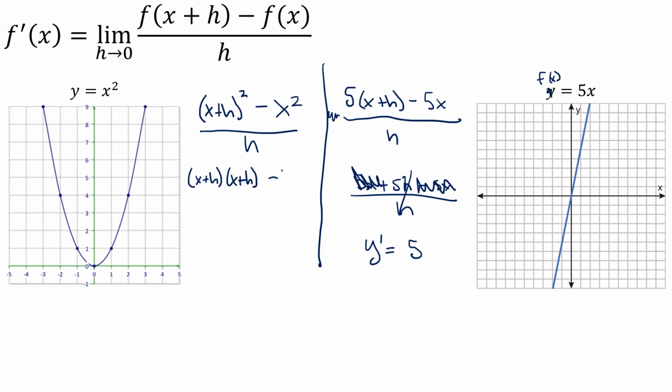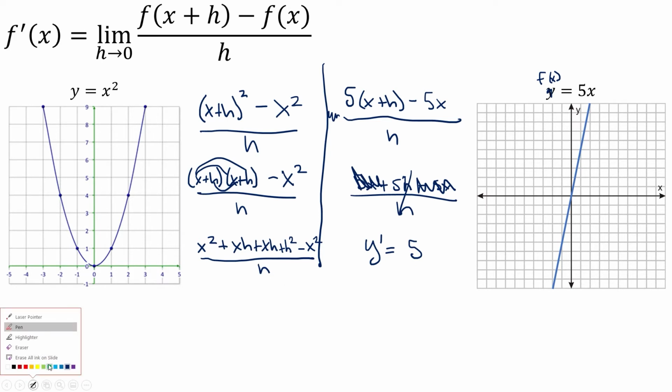Just going to rewrite it all out anyways. So x times x plus x times h, x squared plus xh plus another xh plus h squared minus x squared all over h.